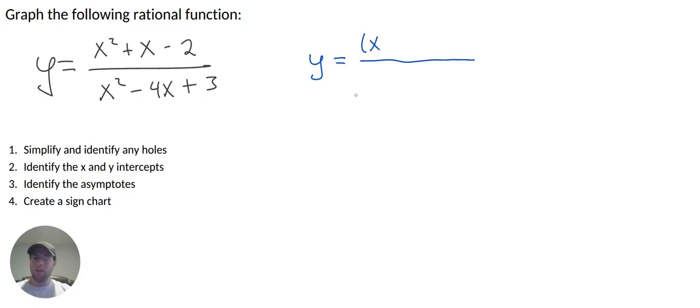That should be a positive 2 and negative 1, so (x plus 2)(x minus 1). In the denominator, we want two numbers that multiply to positive 3 and add to negative 4, so that's (x minus 3)(x minus 1).